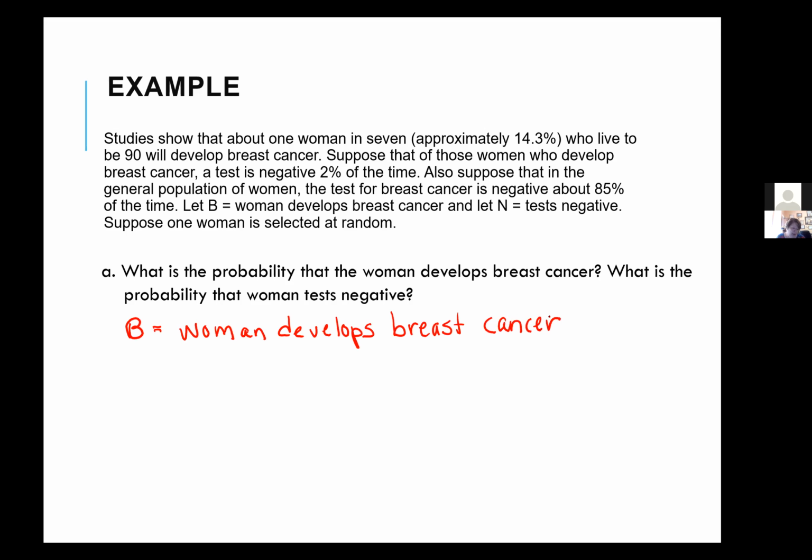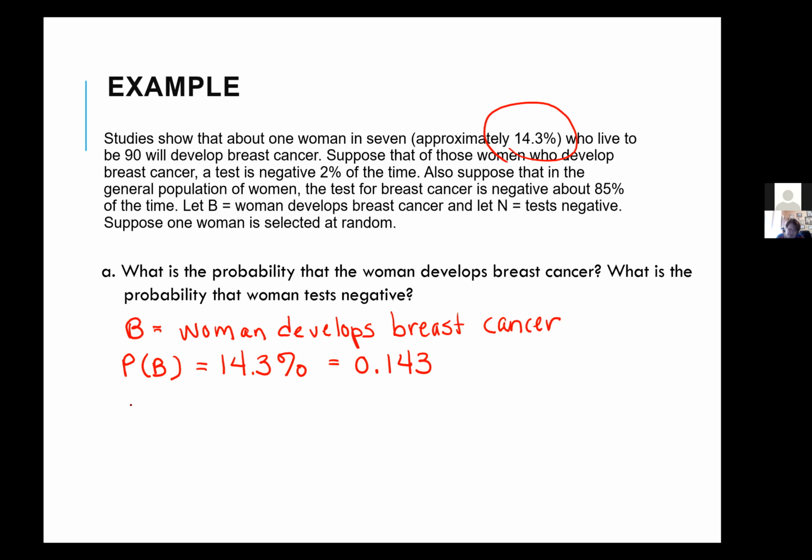So according to the information that we are given, the probability of a woman who lives to age 90 developing breast cancer is this 14.3%. And we normally write a probability as a decimal. So the probability that a woman who lives to the age of 90 develops breast cancer is 0.143. So they gave us that information.